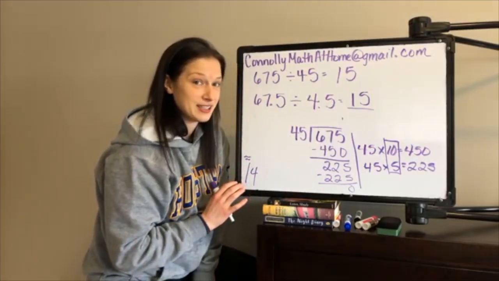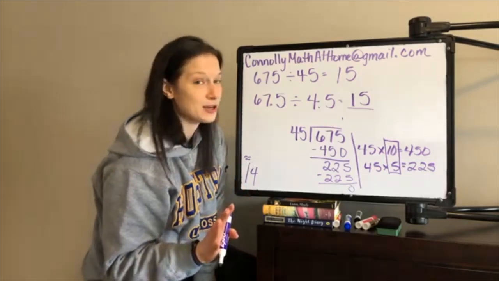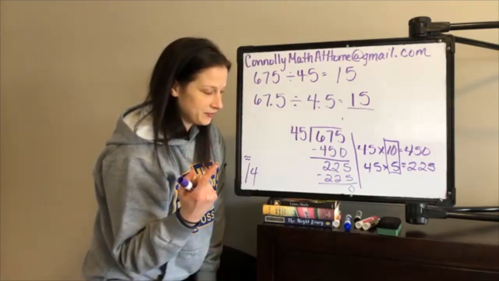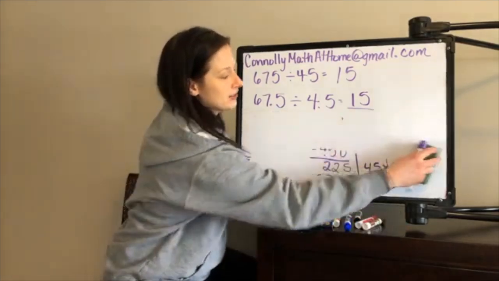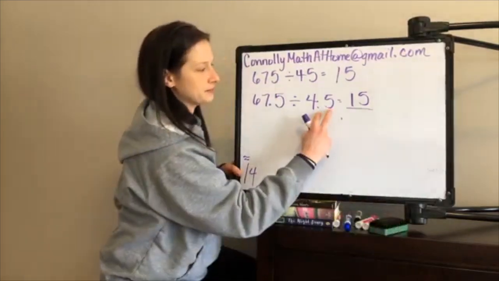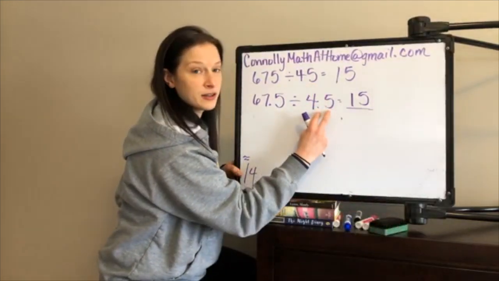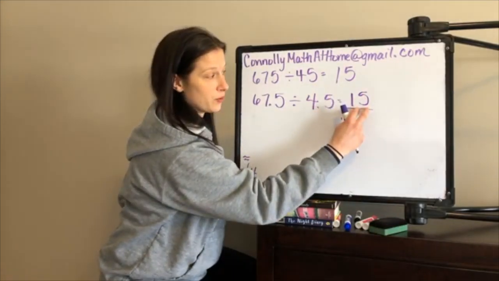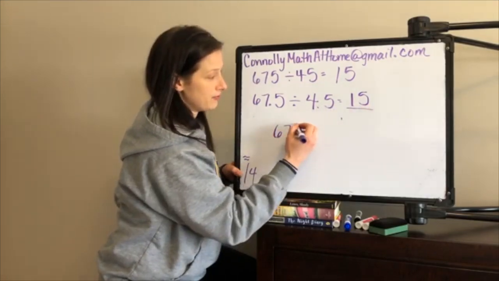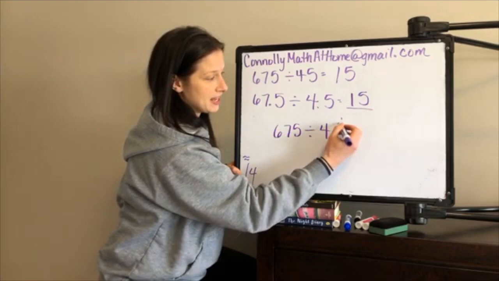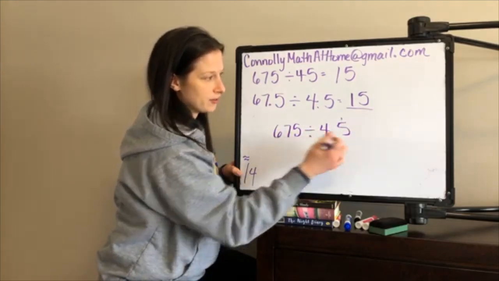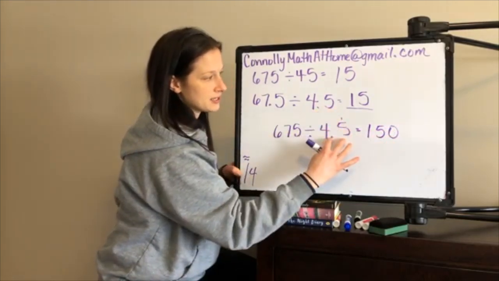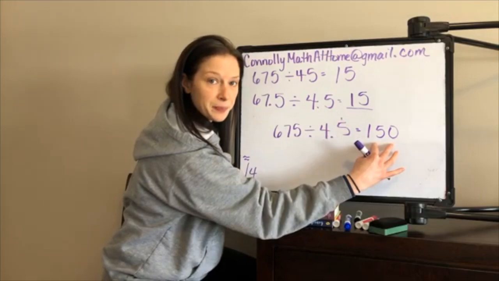My estimate was 14. So let's talk about what's going on, okay? You learned in the first video that when your divisor, which is this number here, gets 10 times smaller, which it did, your quotient would get 10 times larger, okay? So if we were doing 675 divided by 4 and 5/10, notice there's no decimal here right now, it would be 150 because the pieces got 10 times smaller and you need 10 times more of them.